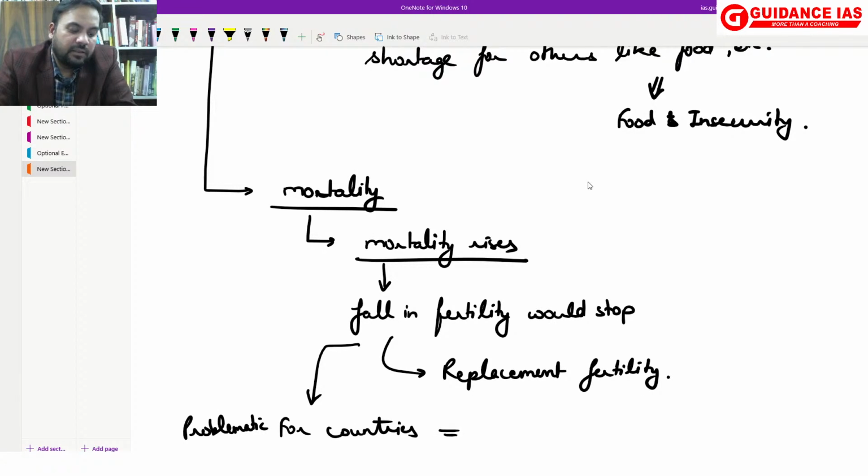which are lying in the second stage of demographic transition. Okay.